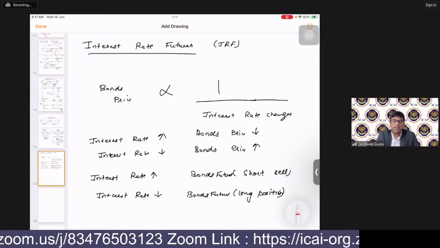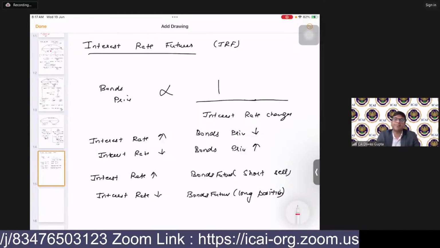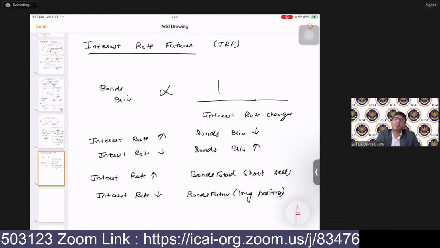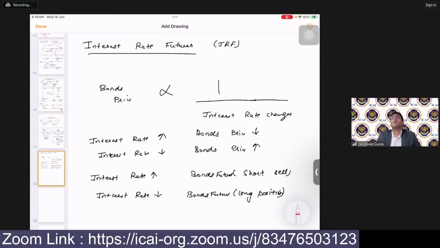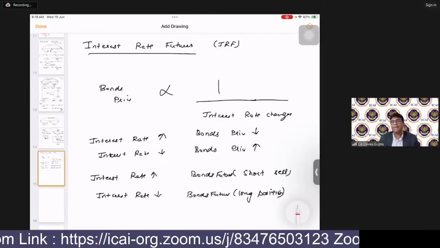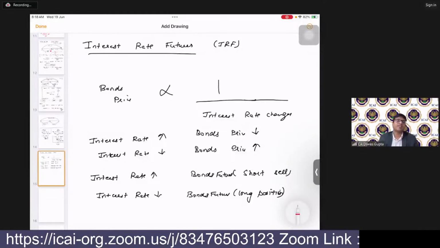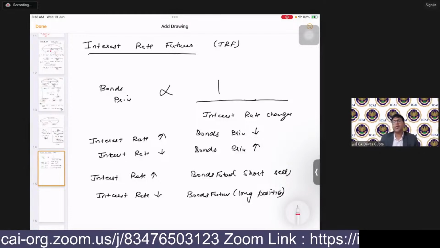So this discussion we already did. What we discussed is, let's imagine a bond. Now that bond is giving a contractual interest of 10%, let's say, once it is issued. And it is issued for, let's say, 1 year.